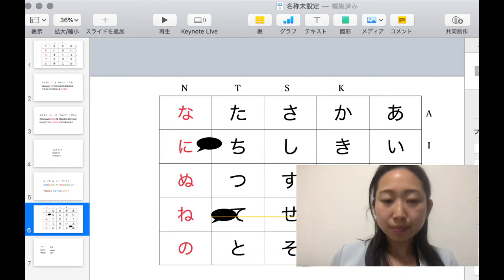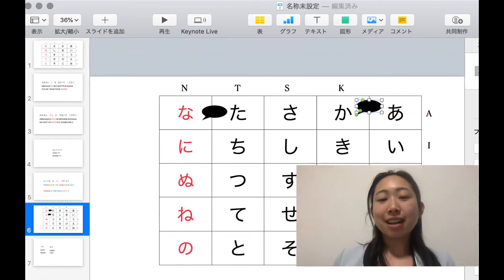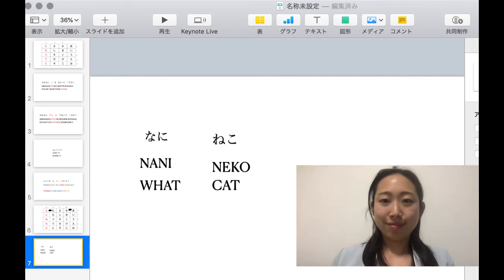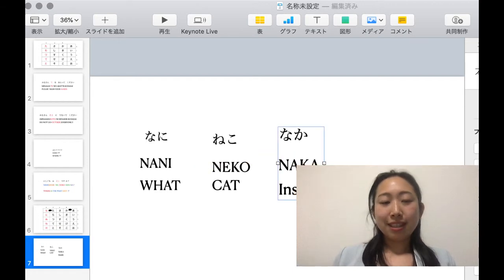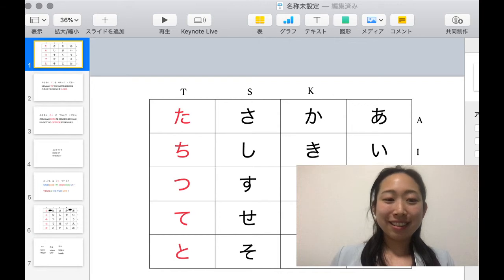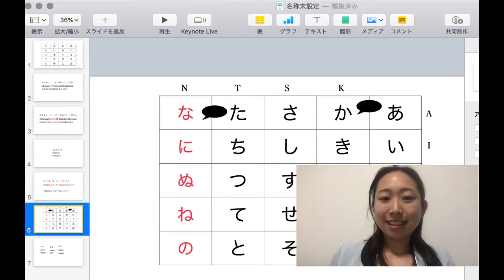And for other words, let's say naka. Naka. Inside. Inside the house, 家の中. Do you remember 家? 家 is house.